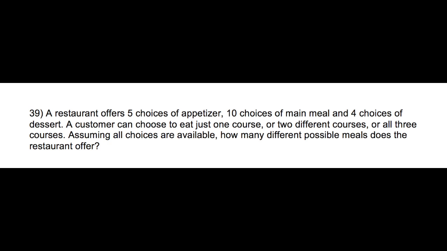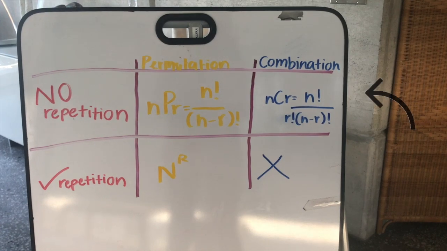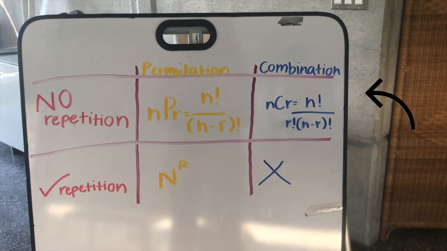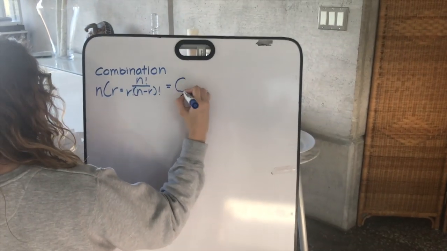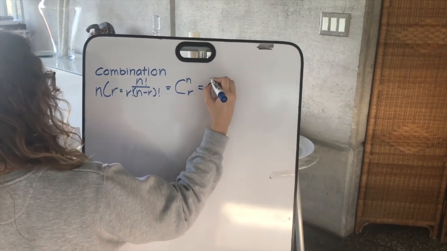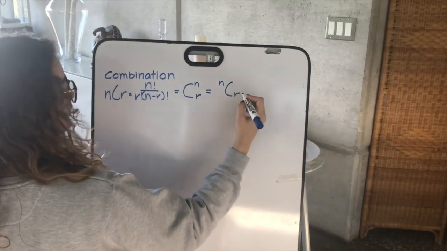This problem can be solved by either permutations or combinations, but we will show both. As you can see, the formula for combinations can be arranged in many different ways.